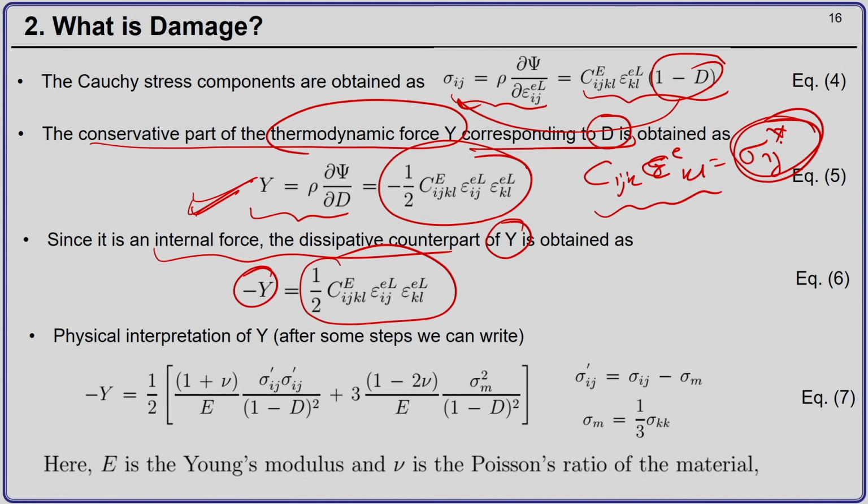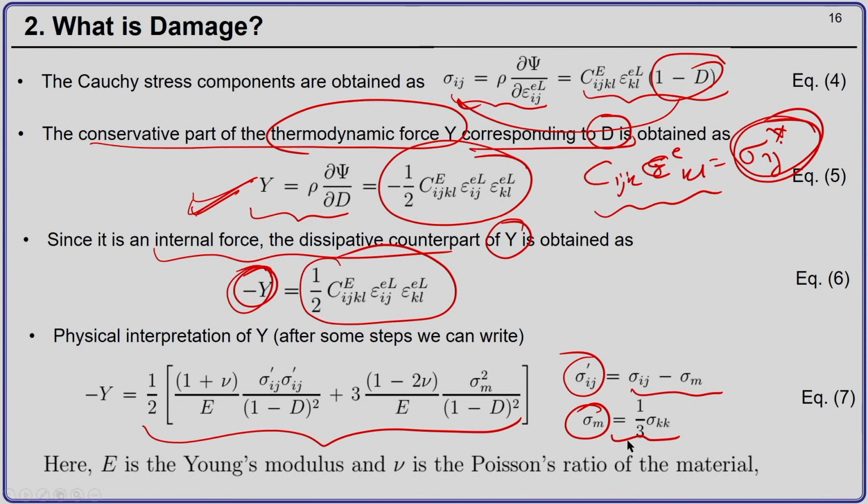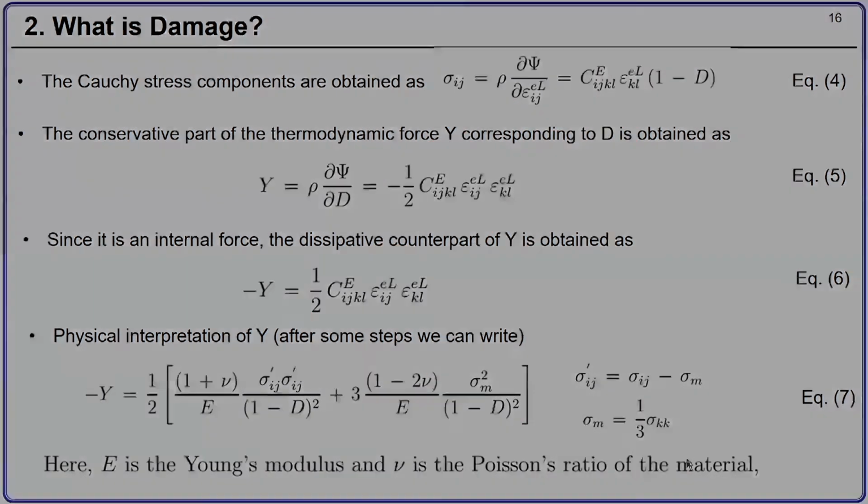Now, after some steps, I can show that this dissipative part of Y can be written in the following form, where sigma dash is the deviatoric part of the Cauchy stress, sigma_m is the mean stress, 1 by 3 sigma_kk, and E and nu are the Young's modulus and the Poisson's ratio of the material.